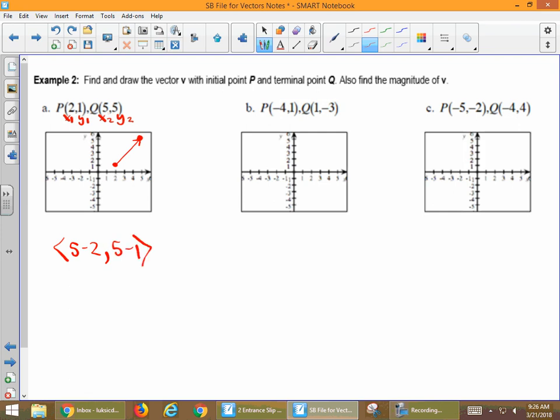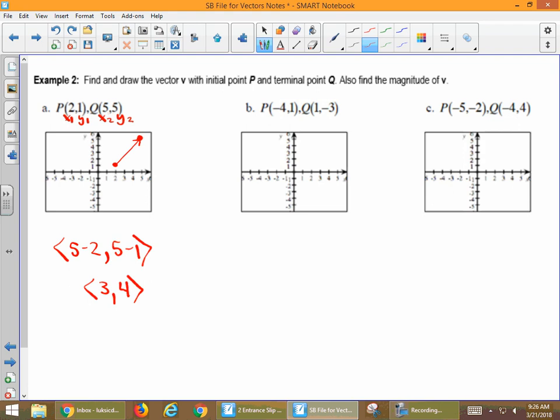Again, you're doing terminal minus initial for x's, terminal minus initial for y. And that goes from 2 points to your vector. That's an equation that will always work. And so this is the vector 3, 4. There's your vector.